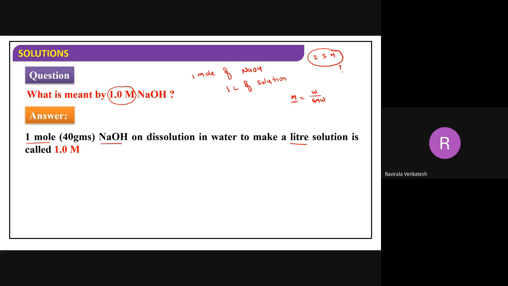Molarity is 1. The gram molecular weight of NaOH is 23 plus 16 plus 1, which is 40. So weight is 40 grams. In this way, if we know the molarity for 1 liter, easily we can calculate the weight also.